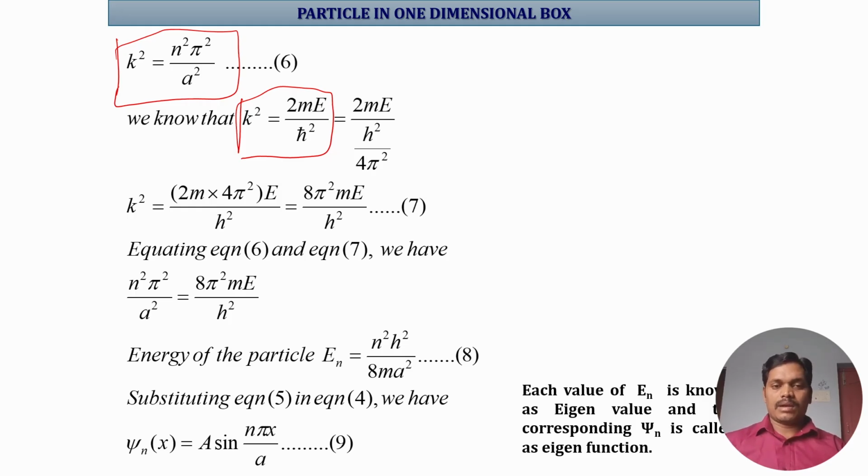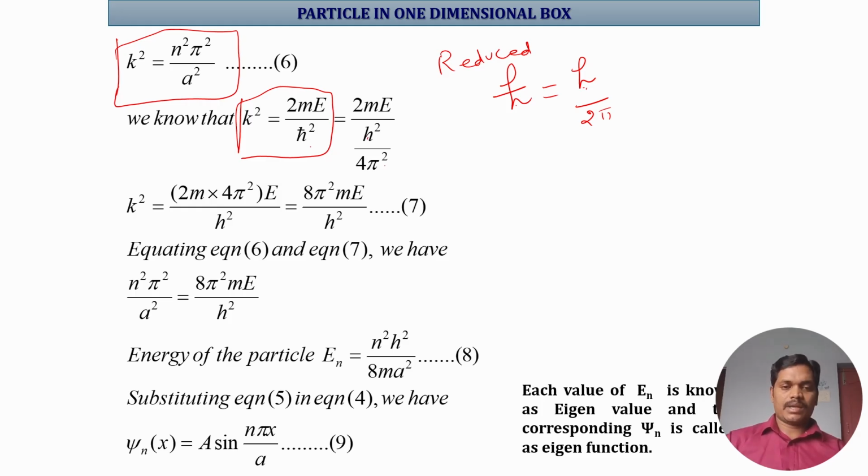So here again, as we all know, the reduced Planck constant h cross is equal to h by 2 pi. So listen carefully, there is a lot of difference between h and h cross. h is the Planck constant, h cross is the reduced Planck constant. That you have to understand properly. So instead of h cross square, you can substitute h by 2 pi, so that you have h square by 4 pi square.